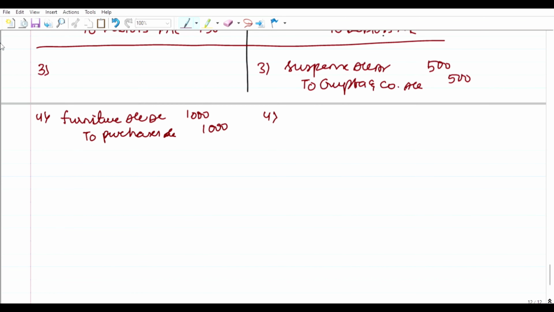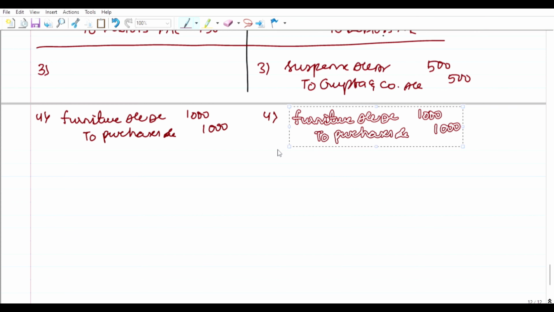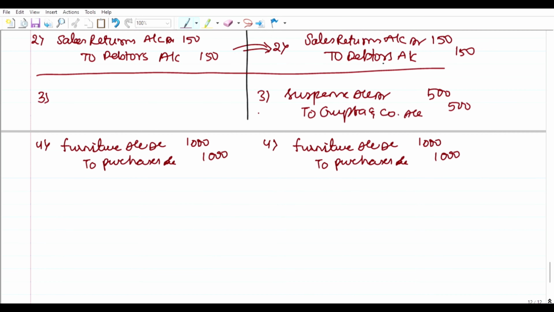Let us go for writing the same entry. The same entry we are going to record here also, but we have to credit the Gupta and Company account by rupees 500.